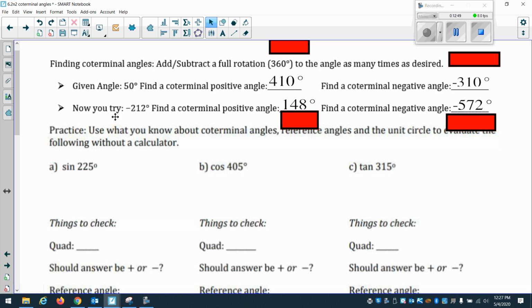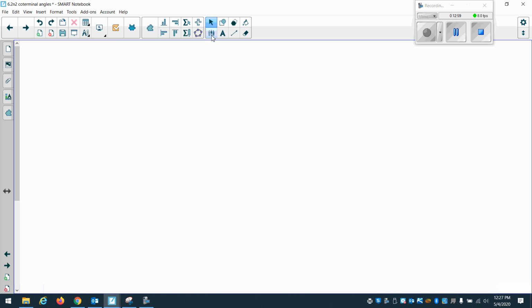Now say if I was given negative 600 as an example. I'll go to another screen. If I was given negative 600, well, to find a positive coterminal angle, I will keep adding 360 until it becomes positive.